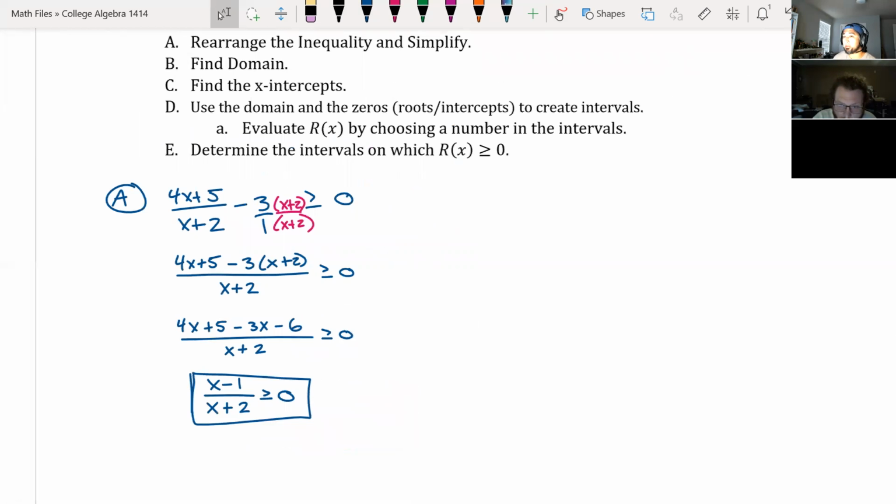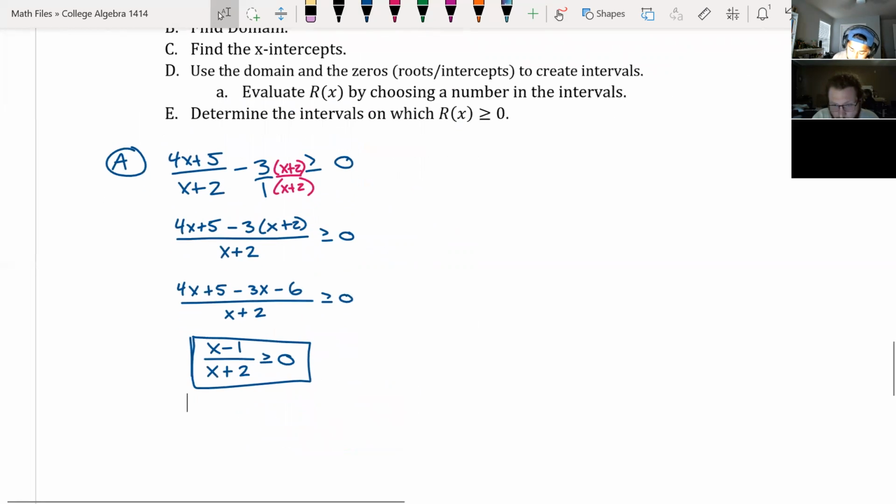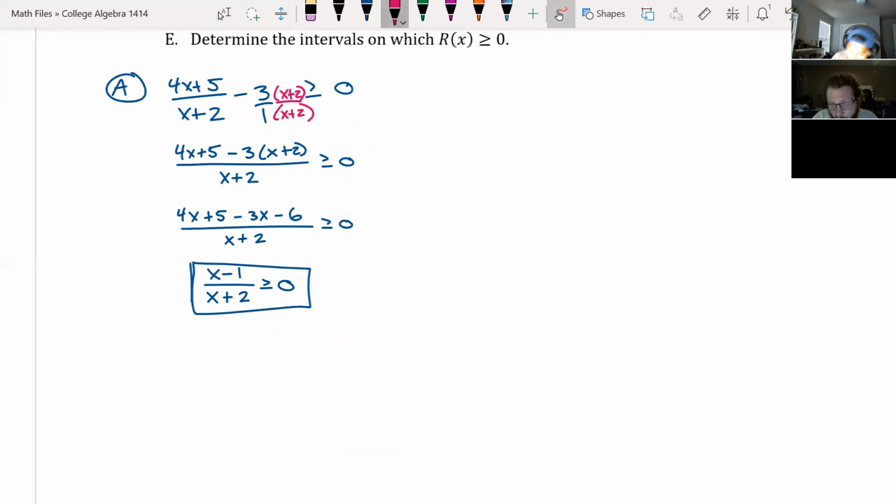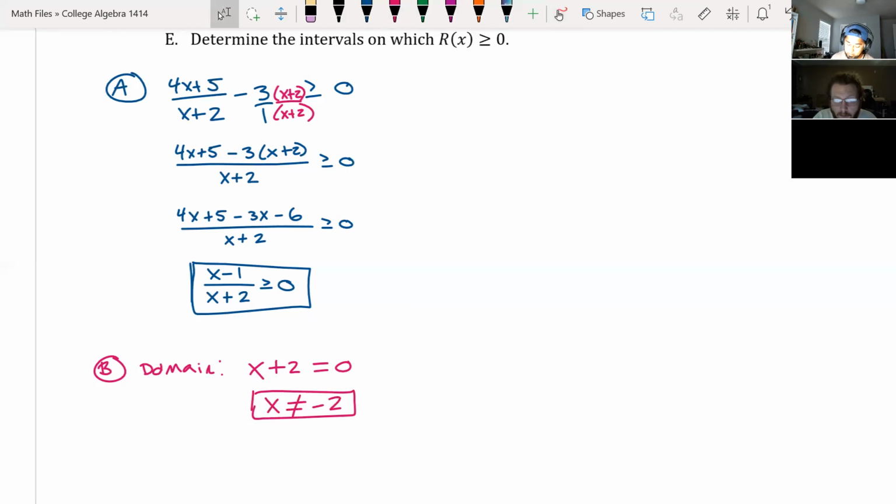So next step is find the domain. So B, this is a rational function. Remember that domain comes from the denominator. So we're going to take x + 2, set it equal to 0, and get x cannot equal -2. There's my domain. Okay.